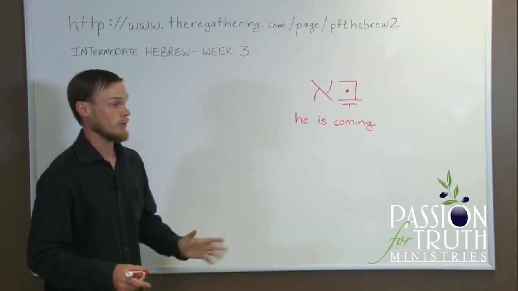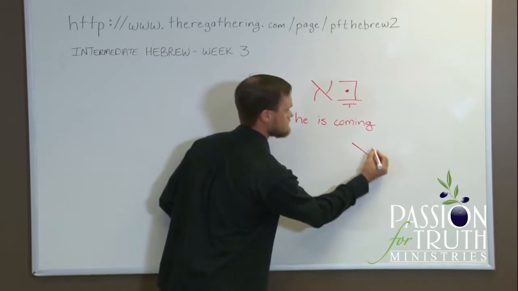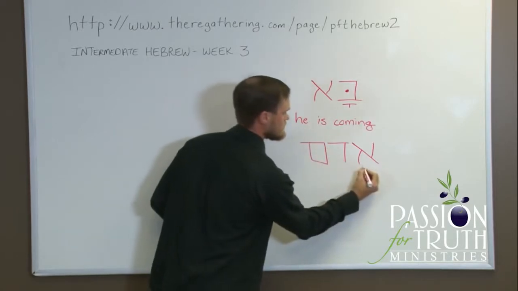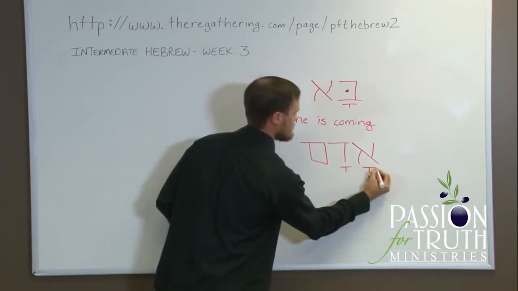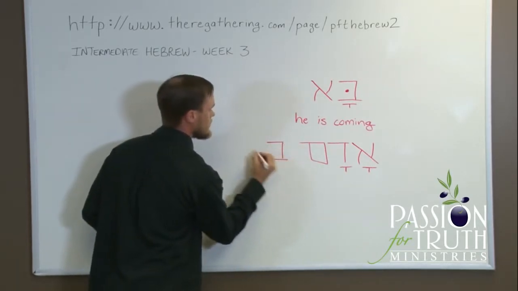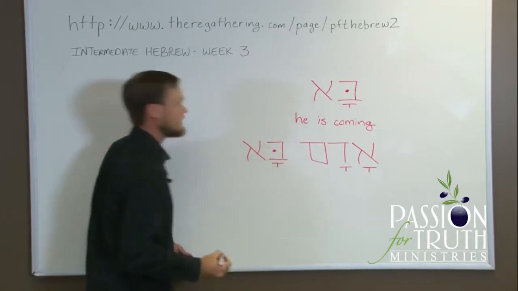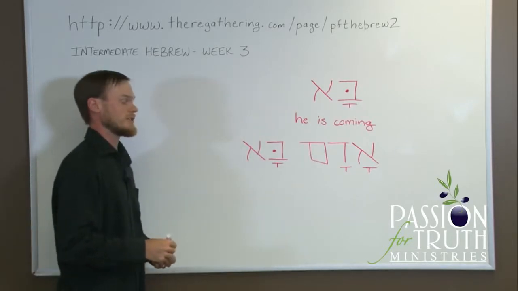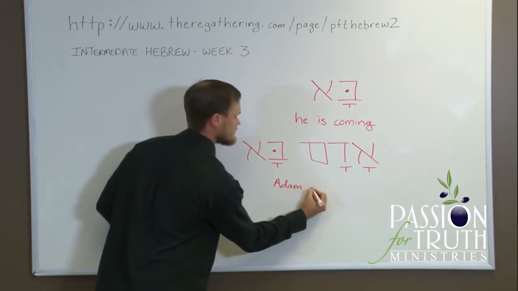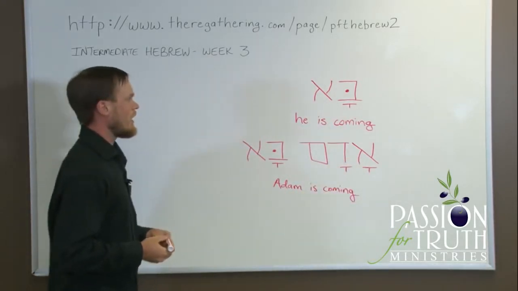The subject is coming. So, to make a sentence out of this, if we have a man, Adam, this is Adam, the name. If we write Adam ba, we have a sentence: Adam is coming, or Adam comes.